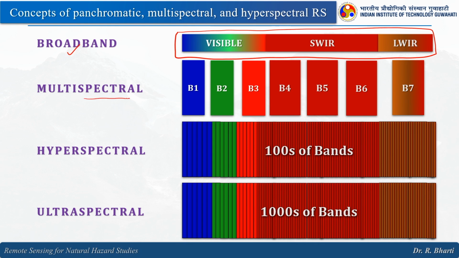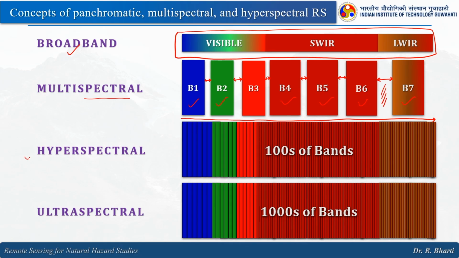Whereas multispectral will have both. In multispectral, the same wavelength range is used to capture different images. Here you can see so many images were generated, and in between we also have a few gaps. As per the definition, the minimum number of bands should be 3, and in between gaps are allowed. So, this is a measurement where in-between wavelengths are not used to generate the images.